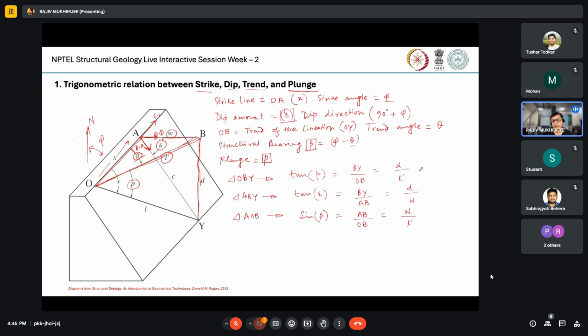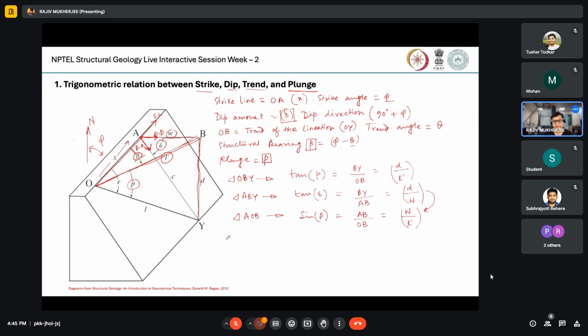So you can see that we have these three relations: D by L prime, D by W, and W by L prime. If we multiply D by W with W by L prime, we will get D by L prime, right?